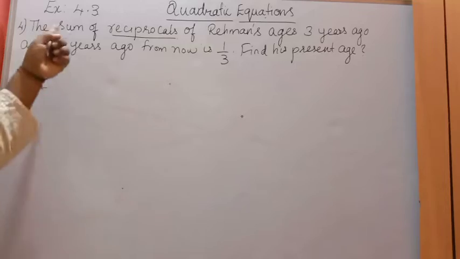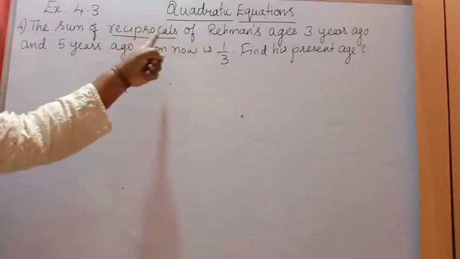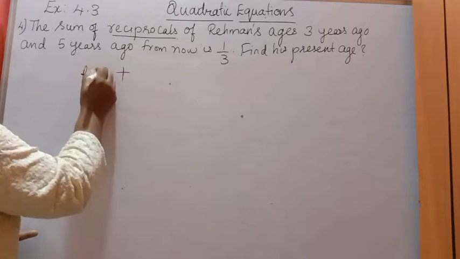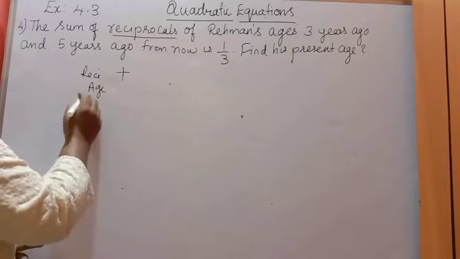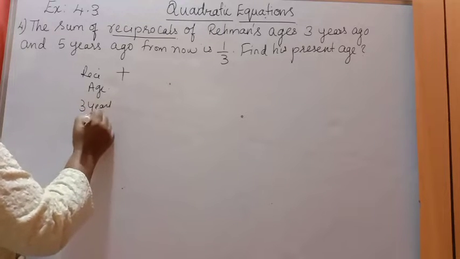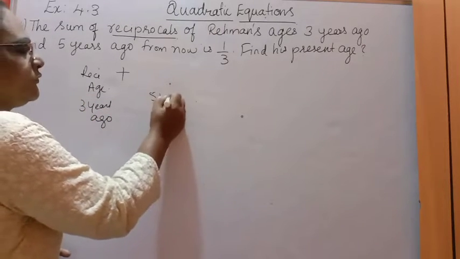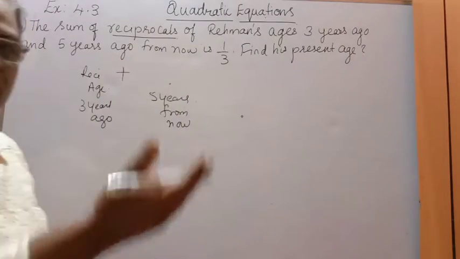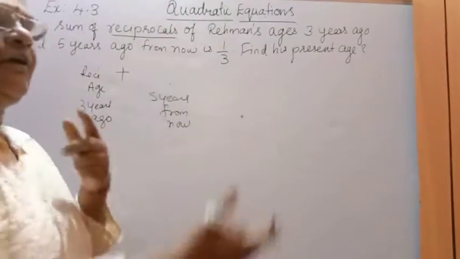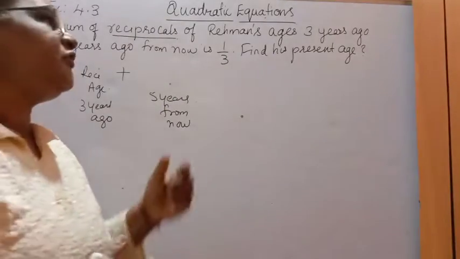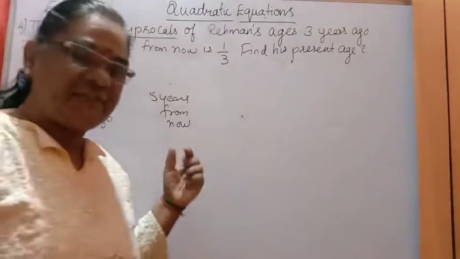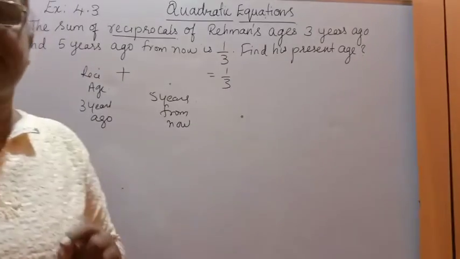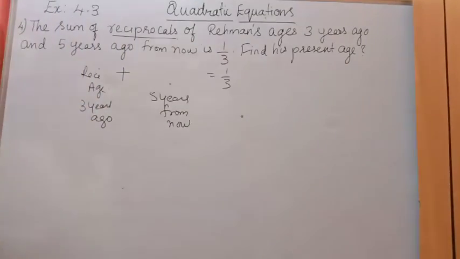What he is telling is, the sum of the reciprocals of Rahman's age 3 years ago and 5 years from now, that is, after 5 years. Before 3 years what was his age, and after 5 years what will be his age? When you take the reciprocals of those ages, that sum will be equal to 1/3. That is what the statement is.